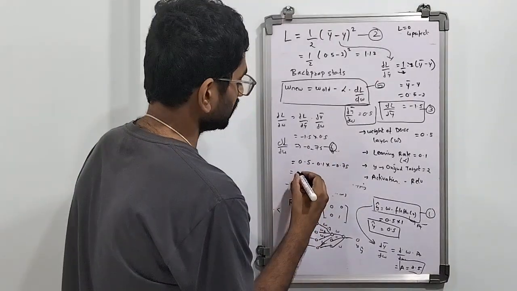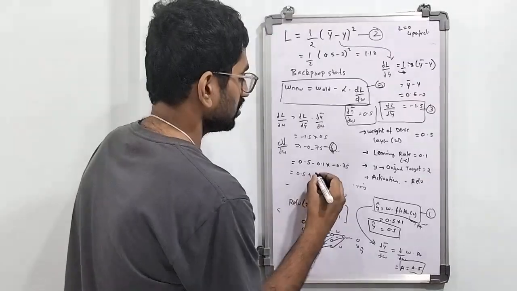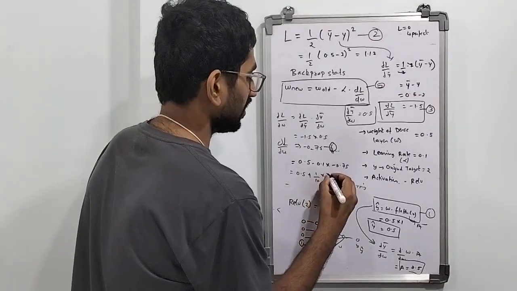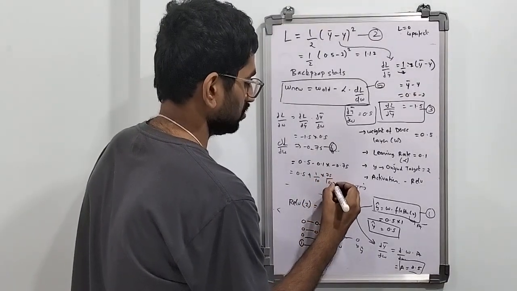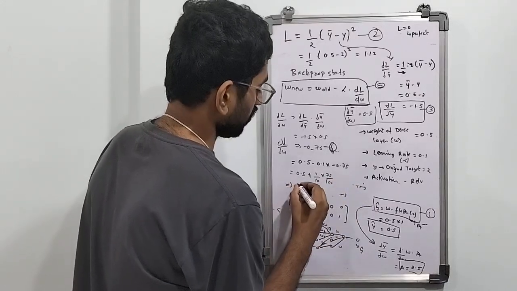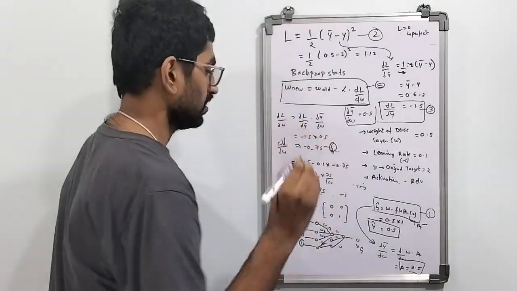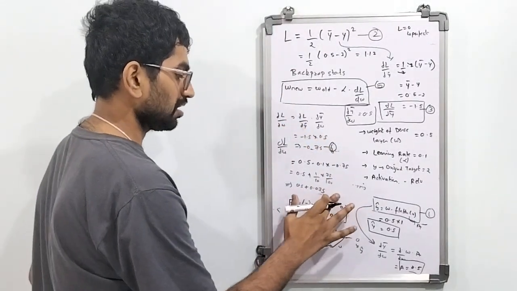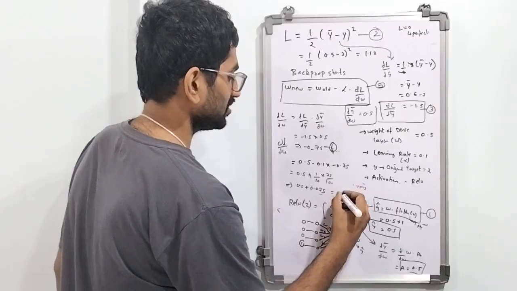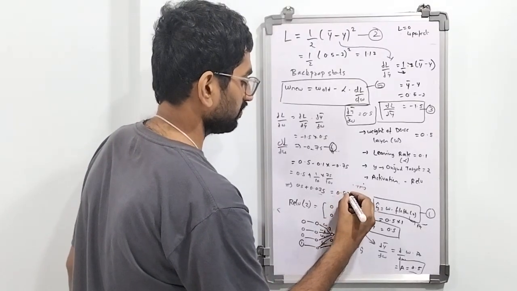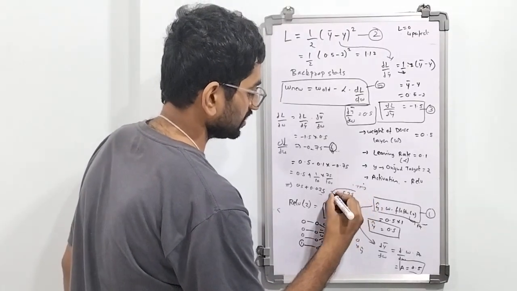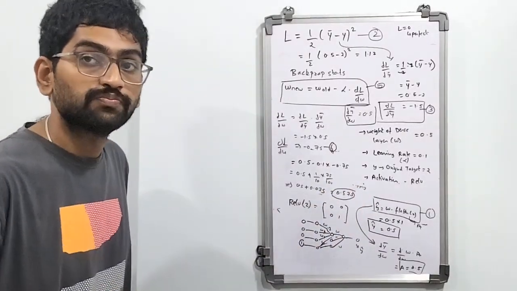So once you do it, 0.5 plus 1 by 10 into 75 by 100, you will get 0.5 plus 0.075. Once you take the sum, you will get the value as 0.575. This is the new updated weight value.